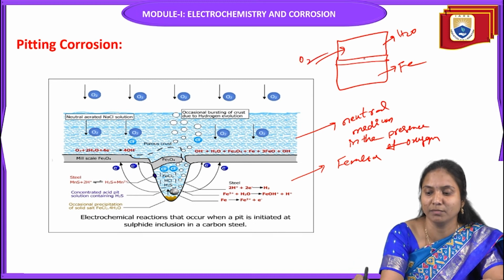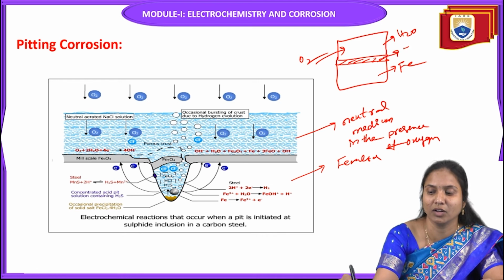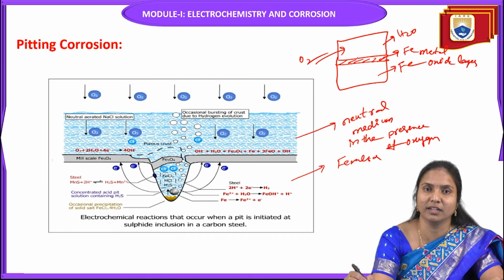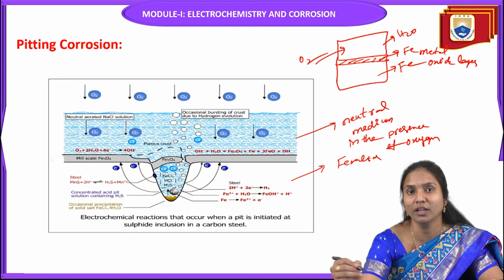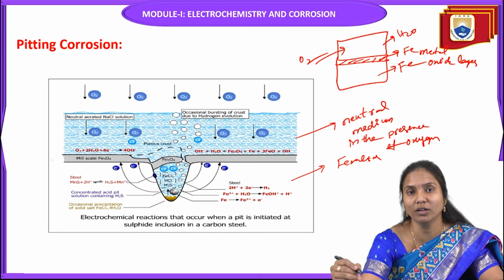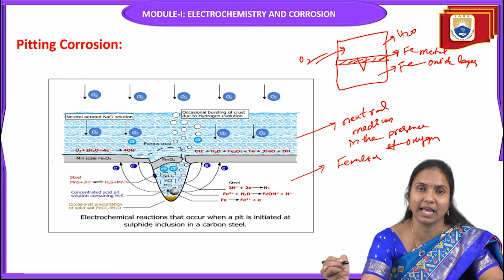In this case, iron metal interacts with atmospheric oxygen, then forms an iron metal oxide layer. If for any reason, like impurities such as sand, dust, or any other impurities present on the metal oxide layer, or any other chemicals attack the metal oxide layer, this layer gets cracks.